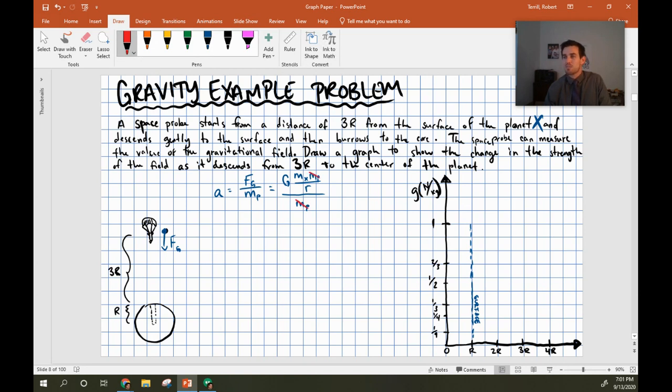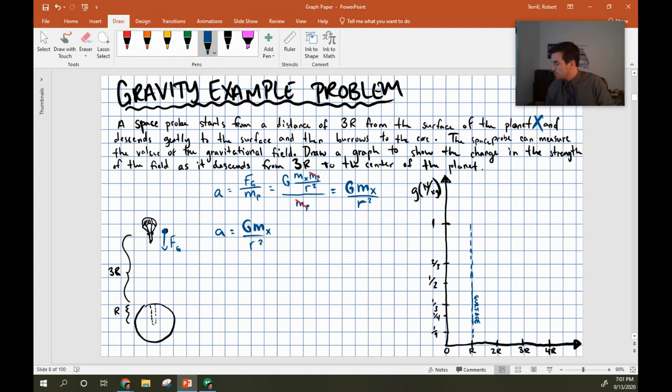As is going to happen so many times, mass just doesn't matter, usually, if we're talking about the object itself. The mass of the planet matters, but not the mass of the object itself. So this simplifies down to G mass of X all over R. Oops, that should be squared again. That's the second time I've done that tonight. There we go. We have acceleration equals G mass of the planet all over R squared.